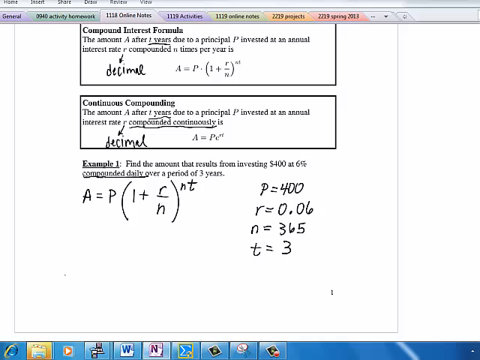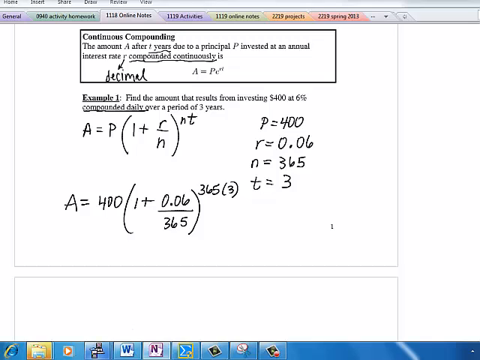So A, the amount, which is what we're trying to find, is 400 times 1 plus 0.06 divided by 365, to the 365 times 3. At that point, you can grab a calculator.